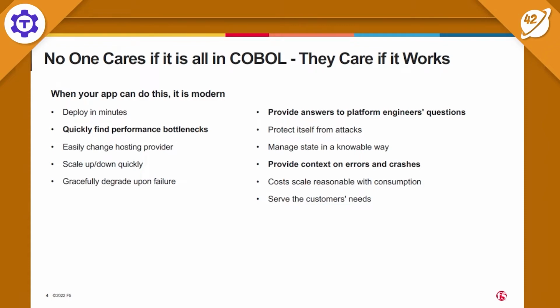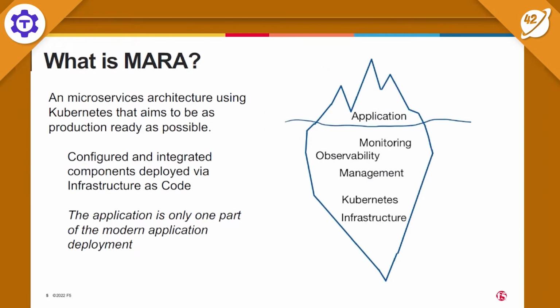These things lead us into this larger category of things that are important for modern apps in this observability OpenTelemetry space. What I've done with my engineering team is build this thing called MARA, Modern Application Reference Architecture. It's a microservices architecture. It uses Kubernetes, leader in orchestration, of course, and is designed to be production ready.